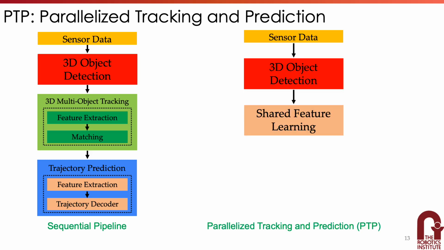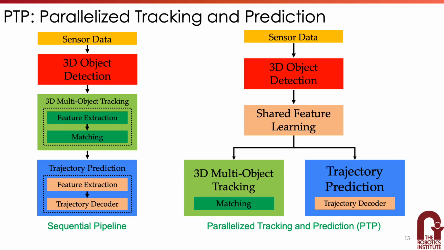Based on these observations, we first use a shared feature extraction module in PTP. Then, we approach the tracking and forecasting in parallel, only for their module-specific components, and the entire PTP is trained jointly with multiple nodes.